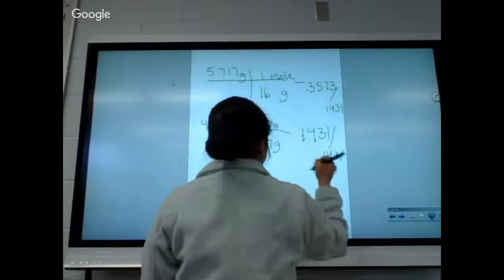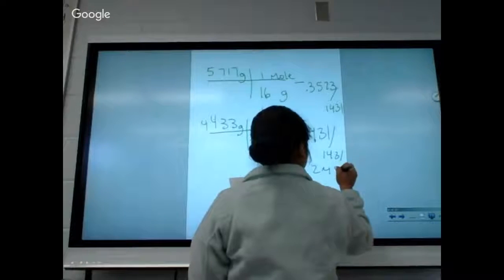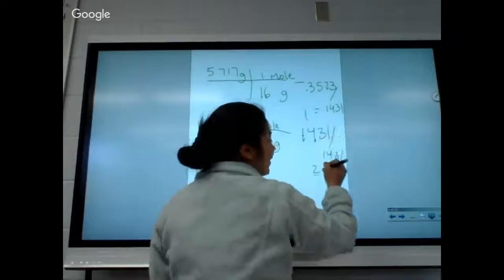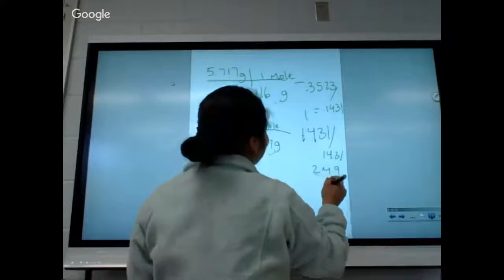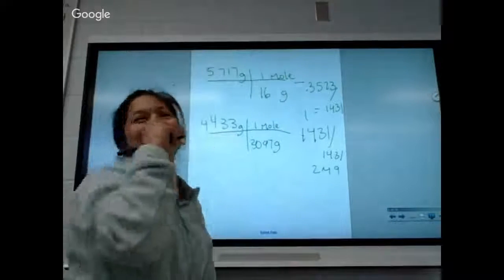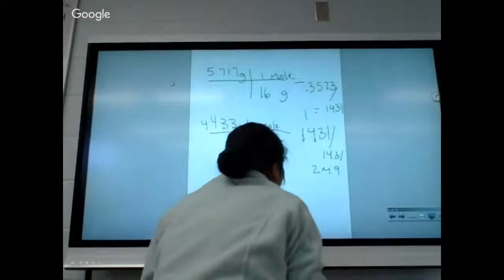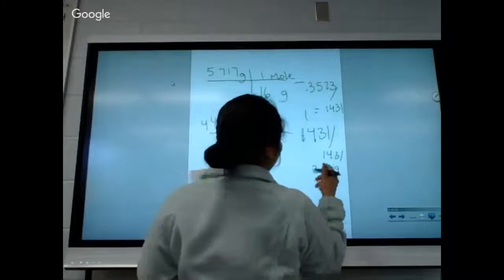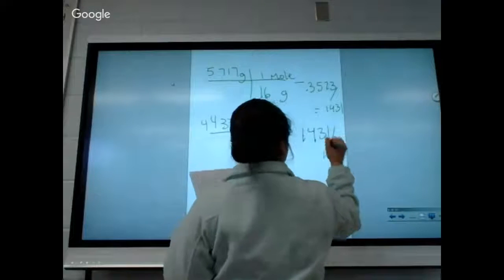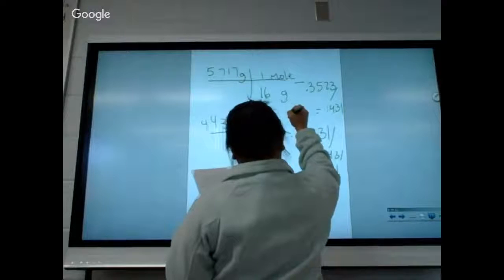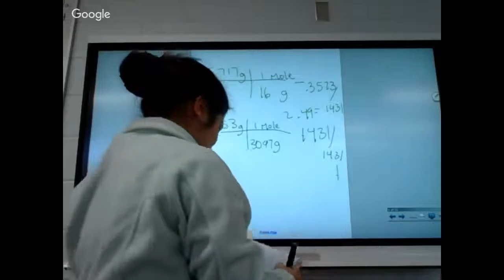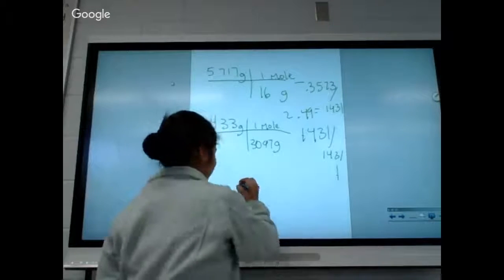How do you expect me to do it? Put it at the bottom. Really? 0.1 divided by 0.1 is 2.4. Put one there, and then put the 2 points in. There you go. Okay, so is that the answer?